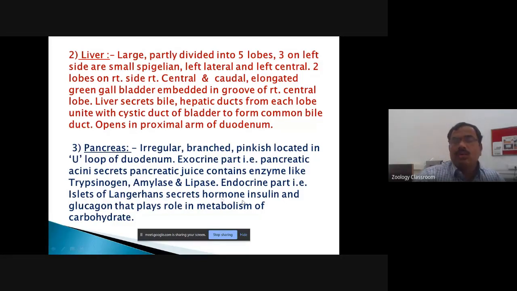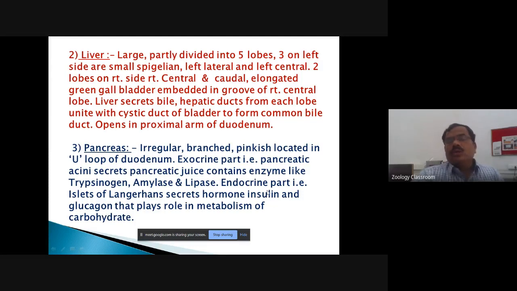You know the meaning of hormones? Hormones are the substances which are directly released into the blood. There is no duct system provided. So these are directly released into the blood. These hormones are insulin and glucagon. You know that insulin decreases the blood sugar level and glucagon increases the blood sugar level.